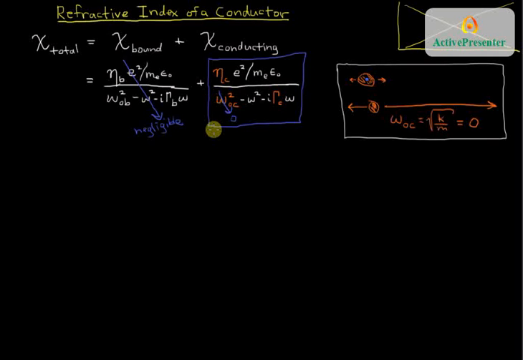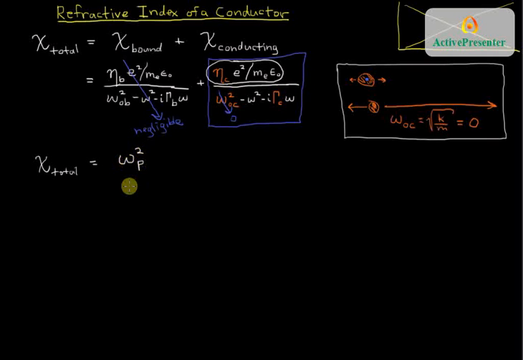This then leads to massive simplification of this expression, and we now have that chi total is equal to, well, we've got this numerator up here, and this has units of frequency squared, because the denominator has units of frequency squared, and susceptibility is dimensionless, it's a ratio. So this numerator must have units of frequency squared, and we're going to give that a particular name. We're going to call it the plasma frequency squared.